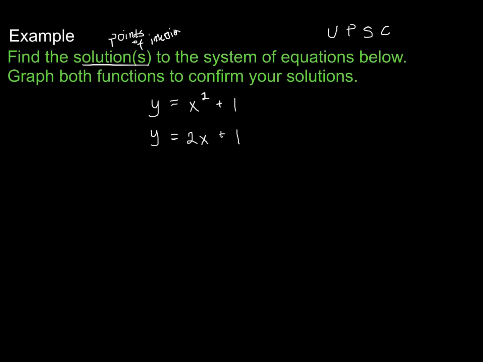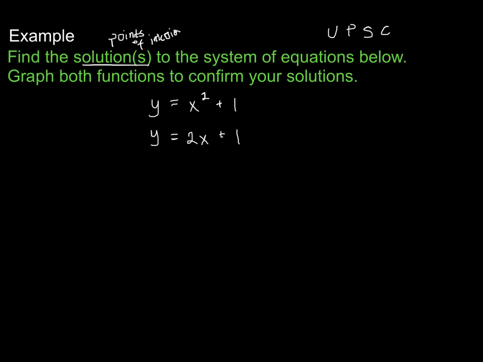And the second thing that comes to mind is that a solution is going to be something that is true for both equations. So when I plug in that x value, it's going to give me the same y value for both equations. I have that in my mind, and now I've got to think of what my plan is going to be for actually finding this.